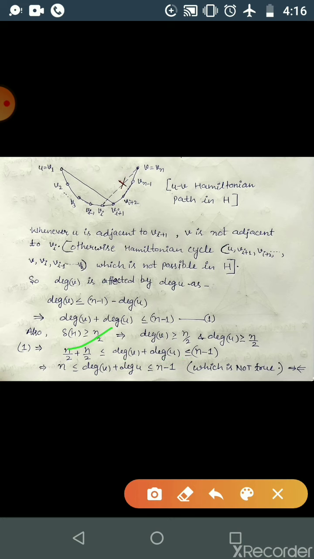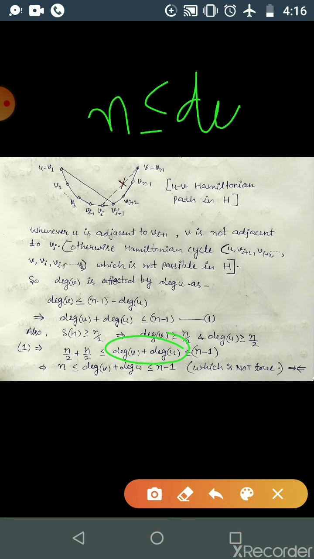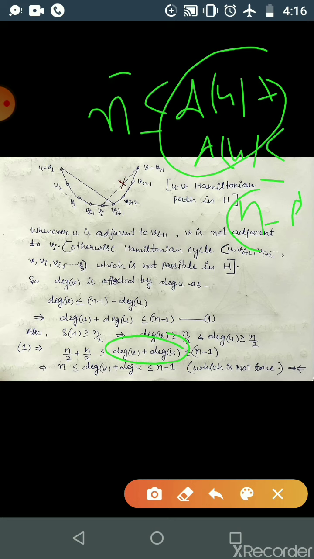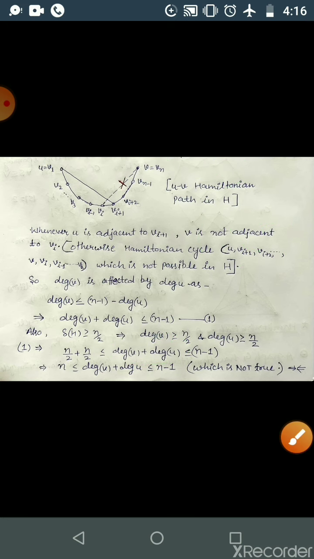So the degree of u plus the degree of v is greater than or equal to n, and also less than or equal to n minus 1, which is not possible because nothing can be greater than or equal to n and less than or equal to n minus 1. This is a contradiction. So whatever we have assumed is wrong.